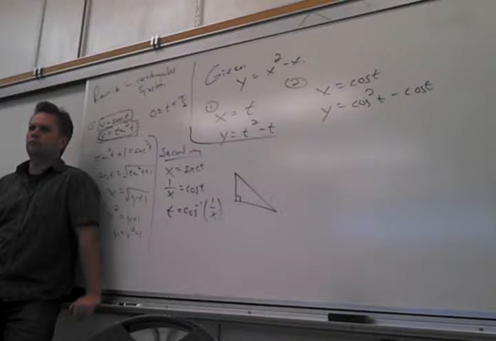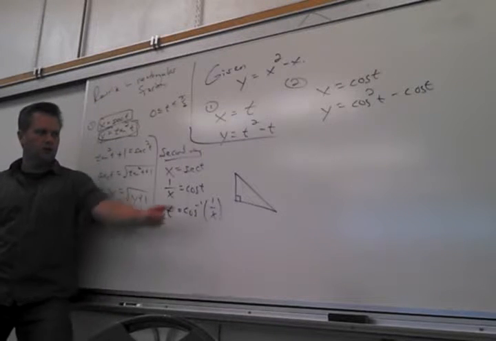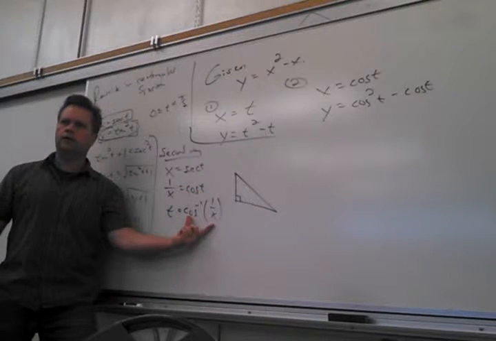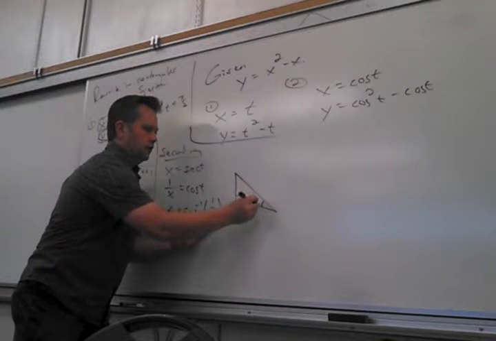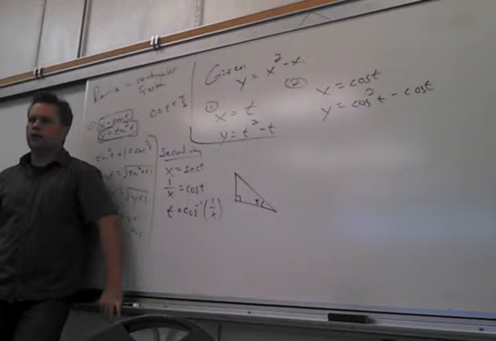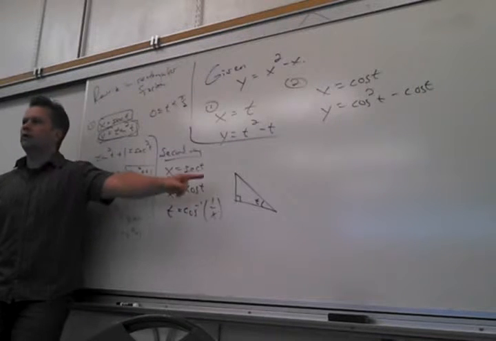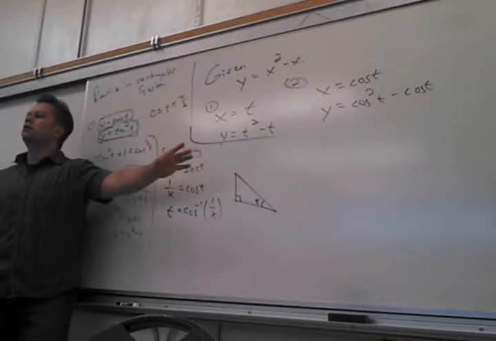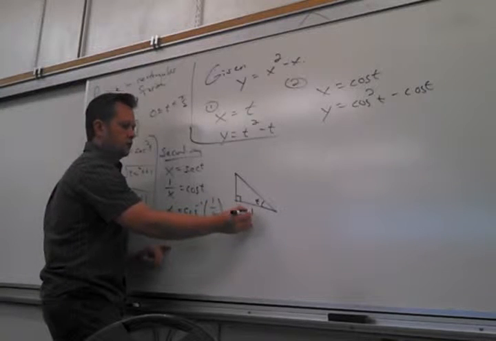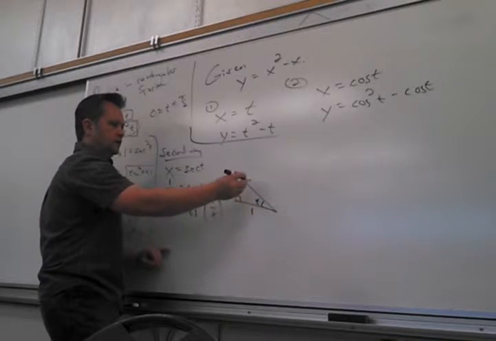So I'm going to create a triangle that represents this idea. Here's my angle t. Considering it's from inverse cosine, what can I label? The x piece, the adjacent side, is 1. The hypotenuse is x.